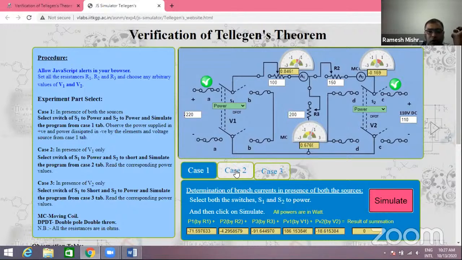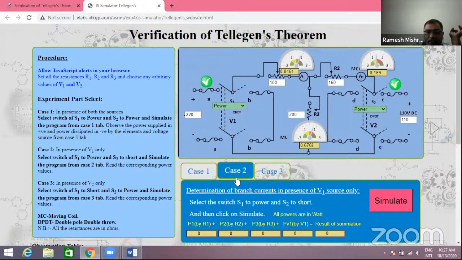Now we move on to the second case and solve for the presence of the first voltage source only. The switch S1 is connected with the power, and S2 is connected with the short circuit.